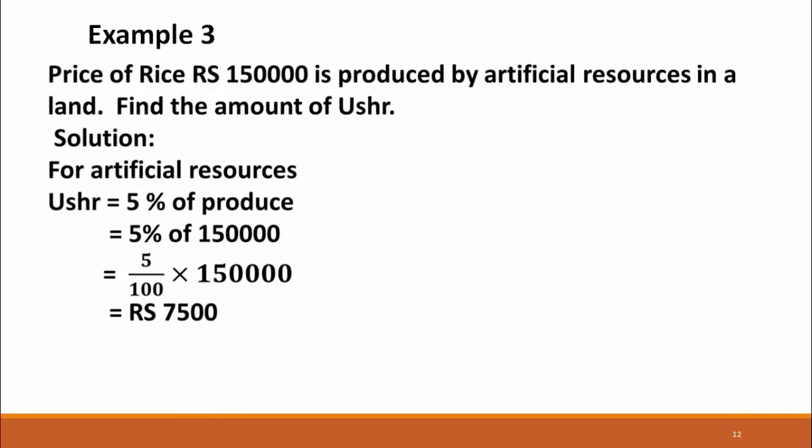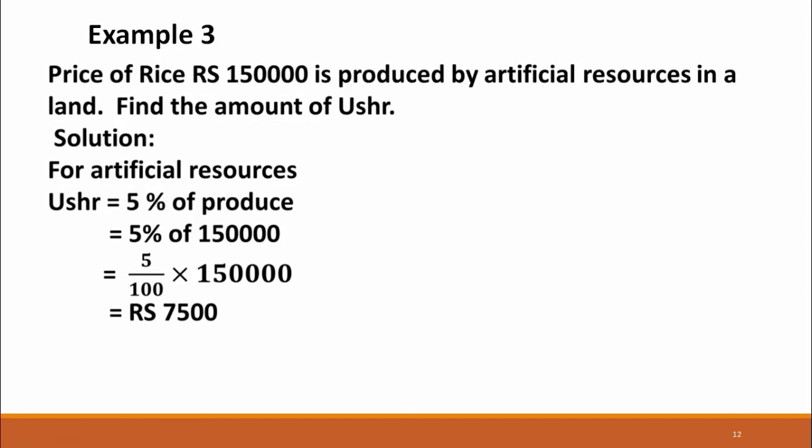Now the next example. The price of rice is 1,50,000 rupees, produced by artificial resources in a land.